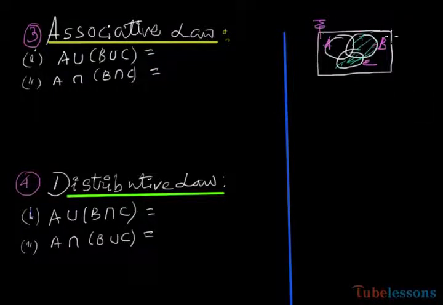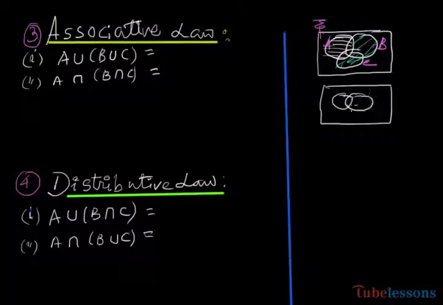Then we operate B with C. Now I will do A union B first, then union with C. We observe that A union (B union C) is equal to (A union B) union C.